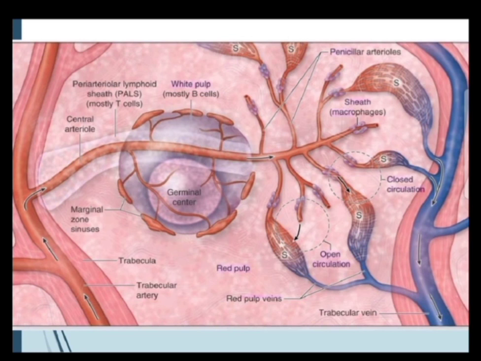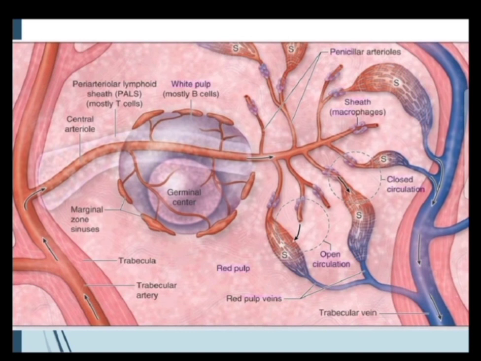After this central arteriole comes out from the lymphatic nodule or the white pulp, it gives rise to the penicillar arteries. Penicillum means the brush, painter's brush. Penicillar arteries are named because these are straight small branches, and these branches have three components.